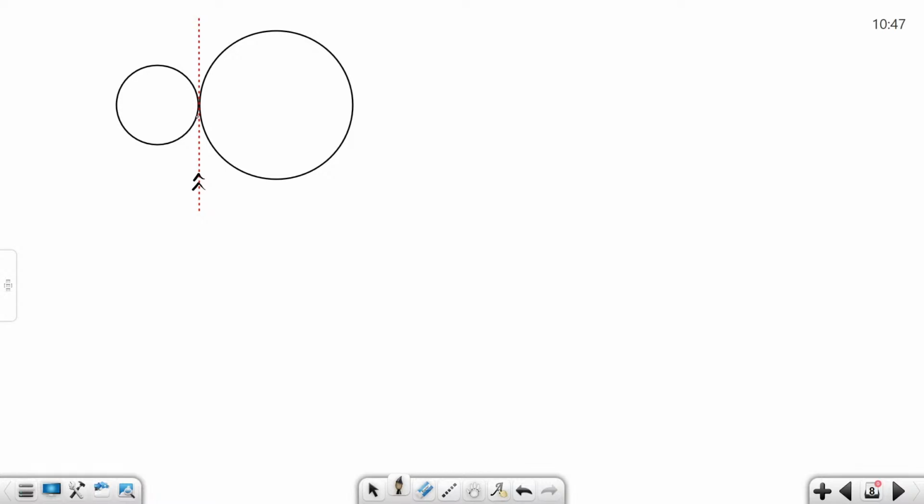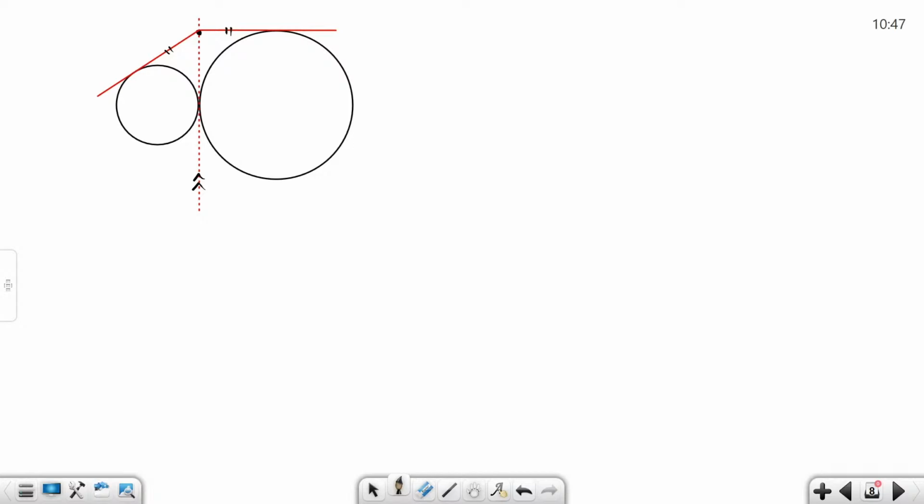I hope it will be sufficient to prove that from any point on this transverse common tangent, if we draw two tangents to these two circles, and if we can prove that this length and this length are the same, then it is the same as proving that this line, the transverse common tangent, is the radical axis for these two circles. Am I correct or not?